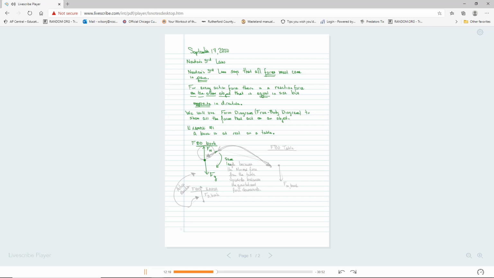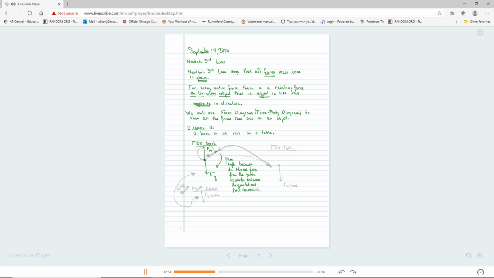These two should be at the same length, because the normal force from the table upwards balances the gravitational force downwards.